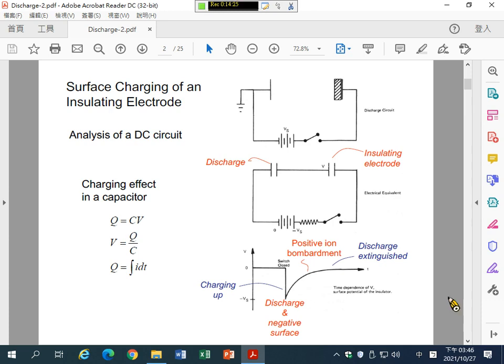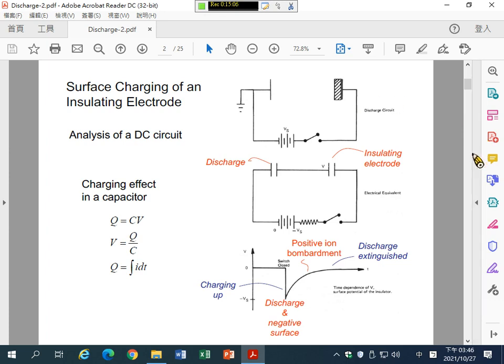So at time t0, the surface becomes negatively charged, and then plasma is generated. And once plasma is generated, as we have already known, inside plasma there are charged species, electrons and ions. Okay, so electrons will be repelled from the negatively charged surface, but ions will be attracted by the negative charge on the surface.